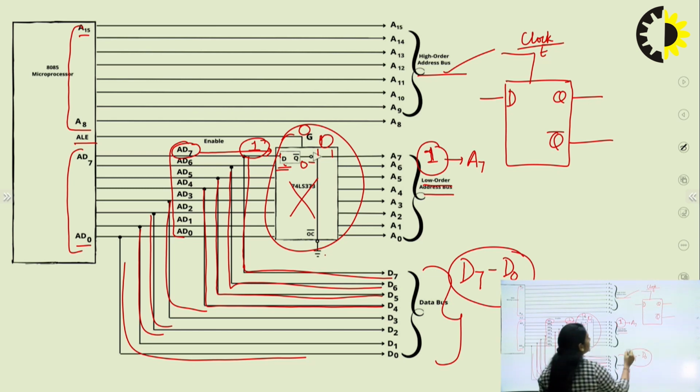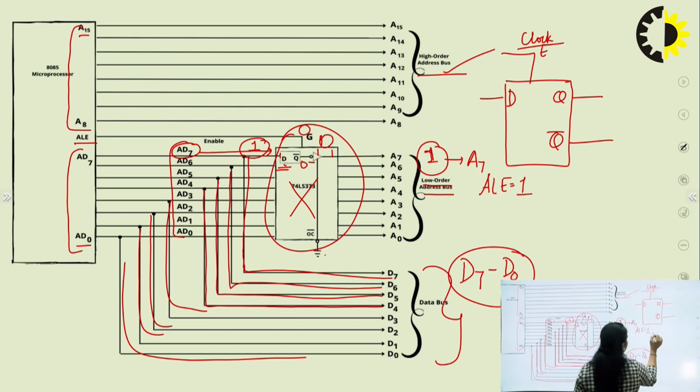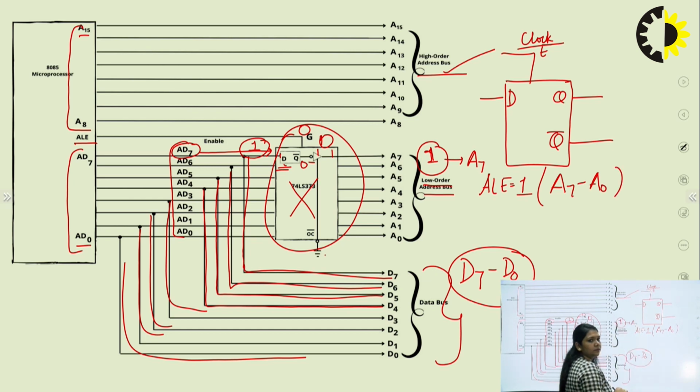The summary is, if ALE is 1, the address will be there. The time multiplexed AD7 to AD0 will be used as the lower order address.